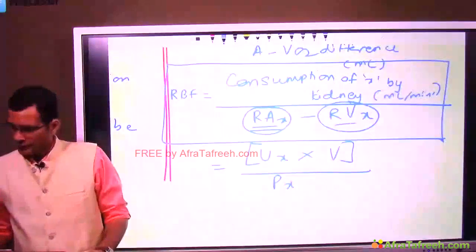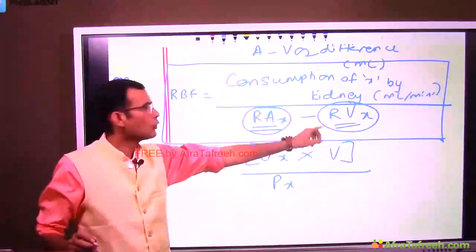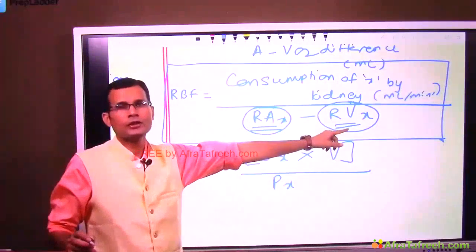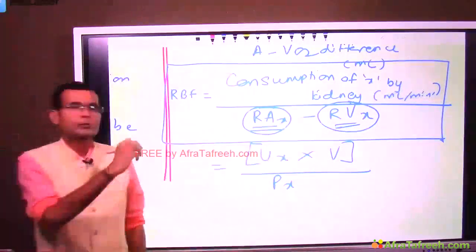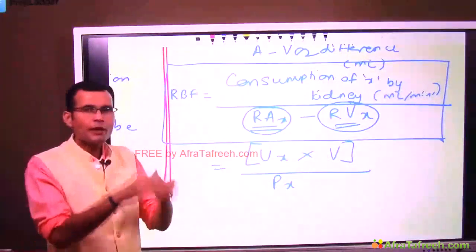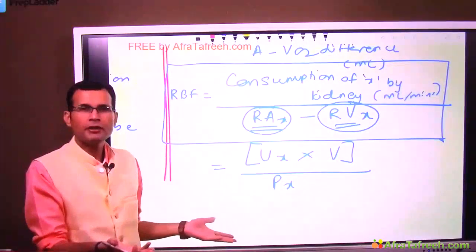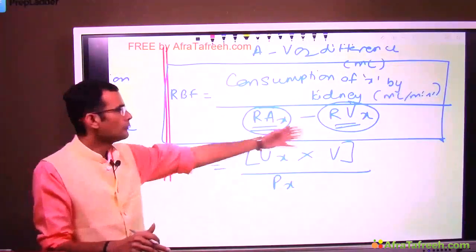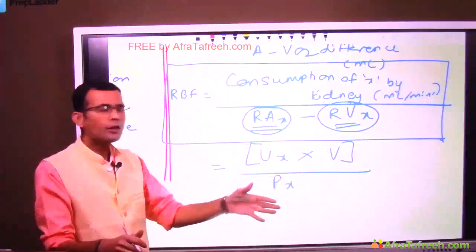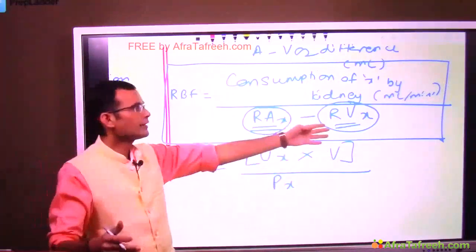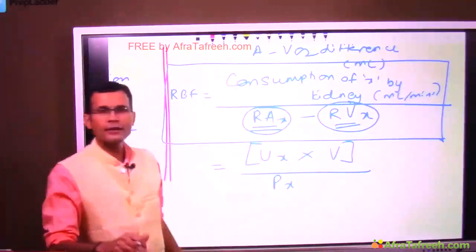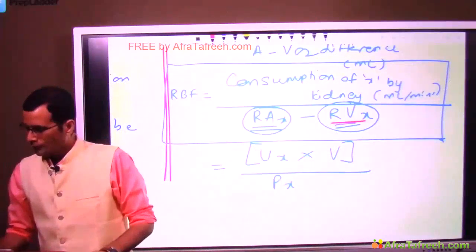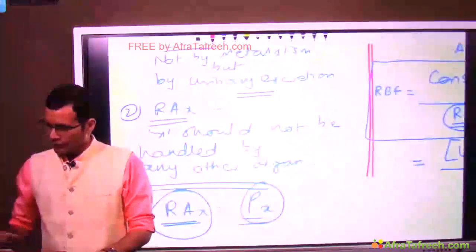Third criteria, in the Fick equation, we also want renal venous concentration of X. Now, even accessing the renal vein is very difficult, impossible. It's very tough to access the renal vein and then collect the sample for the concentration of X. So, we come to the third criteria.